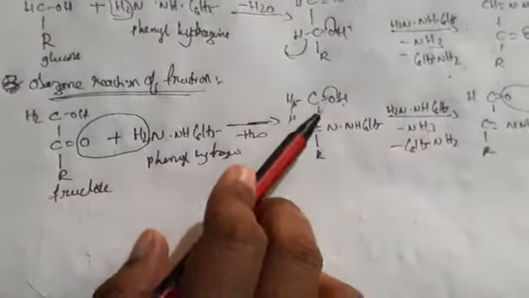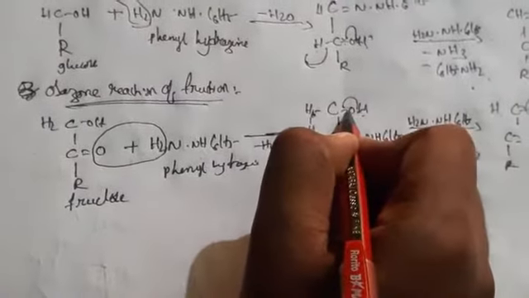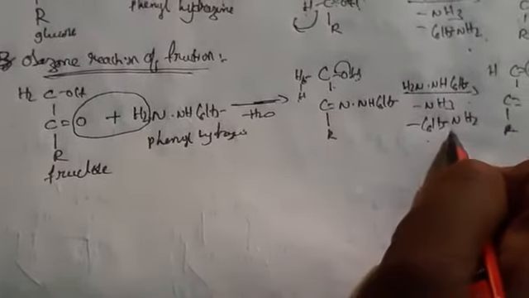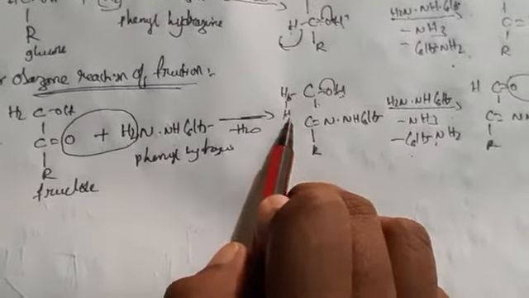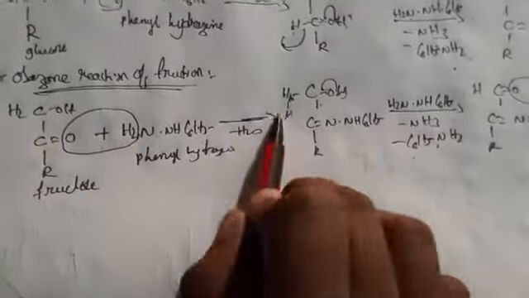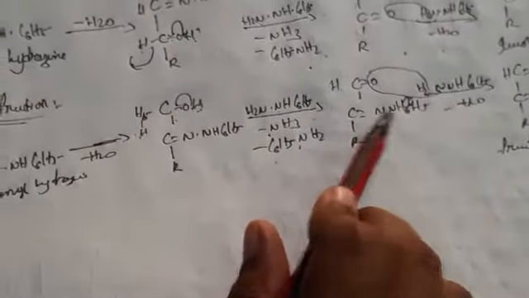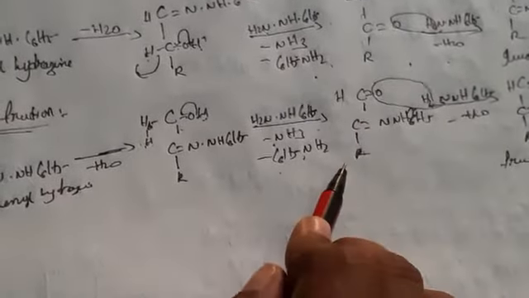Now CH2OH can be written like this. When we turn the bond here, you will get double bond O, this H plus and C6H5NH. Minus C6H5NH2 will be lost, and coming to H2, H2 can be written like this, NH2 and H. Minus NH2 will be lost. So here C double bond N NH C6H5, CH double bond O, R.